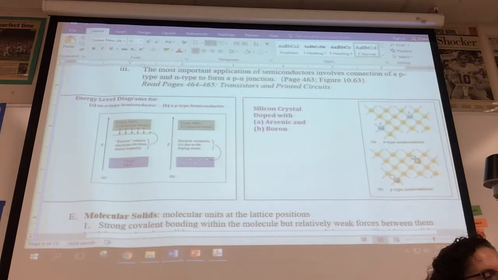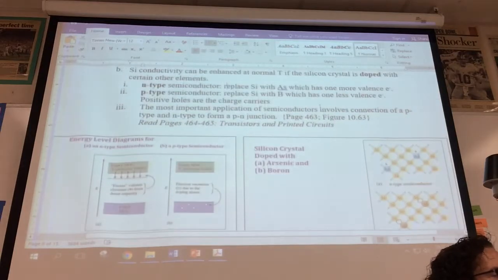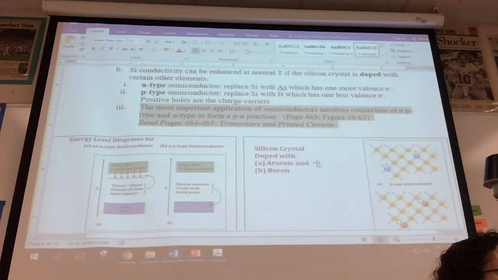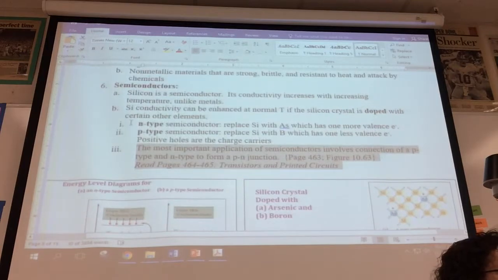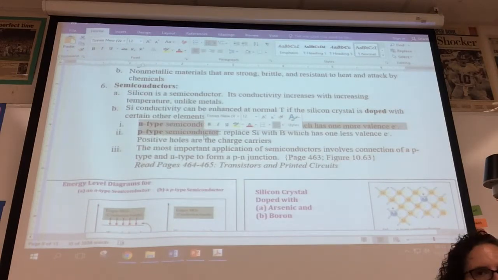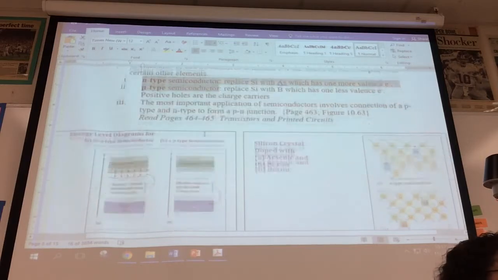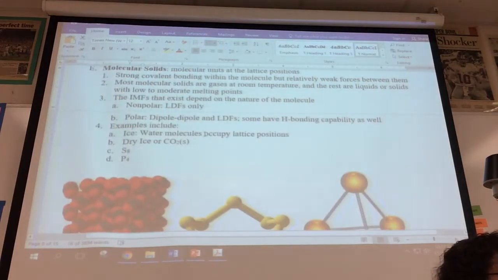Here is the positive hole, if you will, and it is the positive hole that's the charge carrier. For those of you who go on to physics, you'll talk about circuits and you'll talk about these PN junctions. We're not going there. So you do want to know the difference between N-type and P-type. You'll definitely see a very simple multiple choice question on it. Don't foresee any difficulty with it.